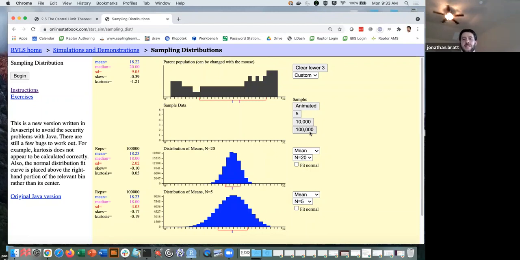And what you see is the resulting sampling distributions of the mean look pretty normal, even though my parent population is not at all normal. You can fit a normal here and here. I can keep sampling millions of times. That's the central limit theorem.